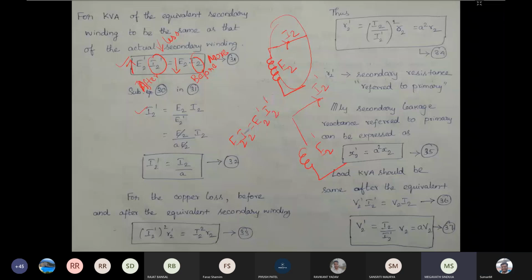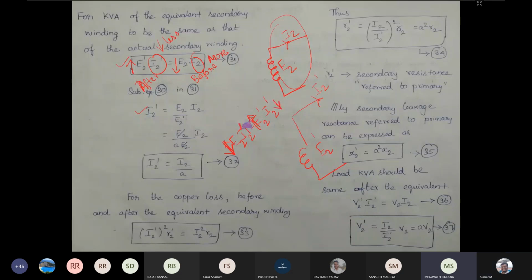Initially E2 is lesser and E2 dash is higher. So in that case, our current should be reduced here and current should be increased here.